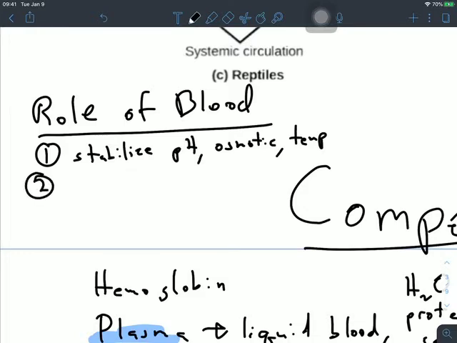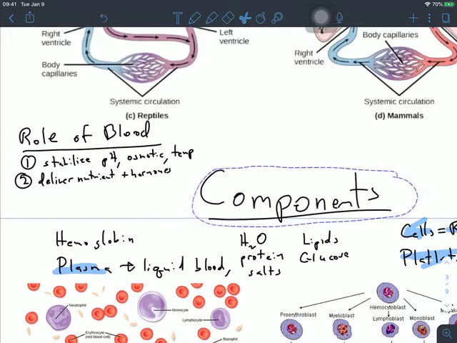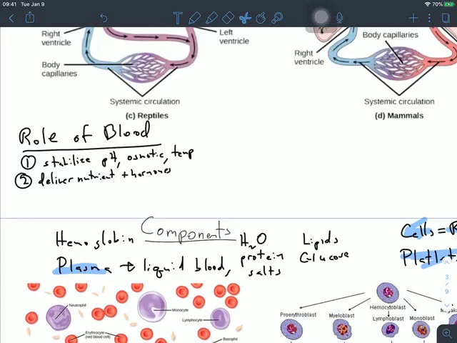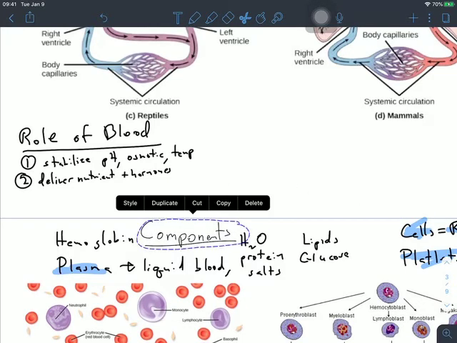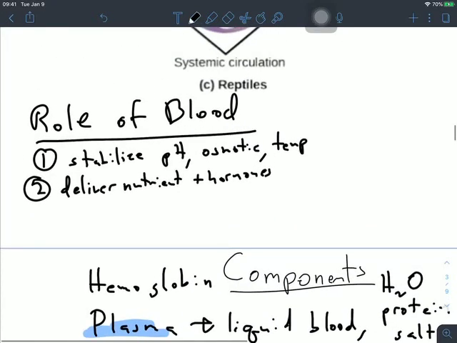Number 2 is delivery of nutrients and hormones. Obviously very important to blood itself. The delivery system, blood itself, because blood is the delivery system of so many different things in our body.